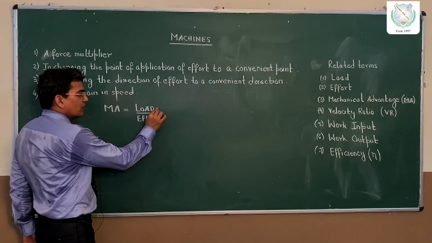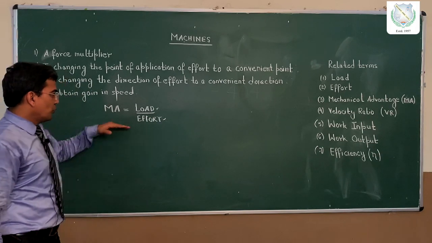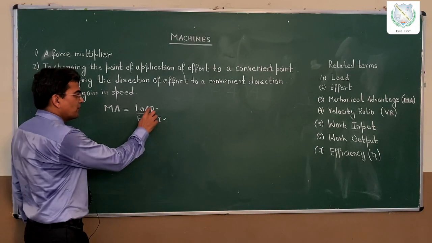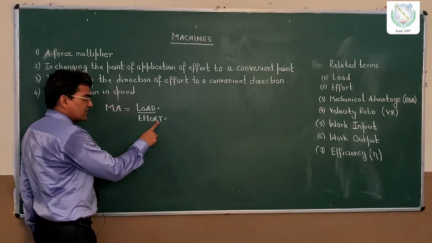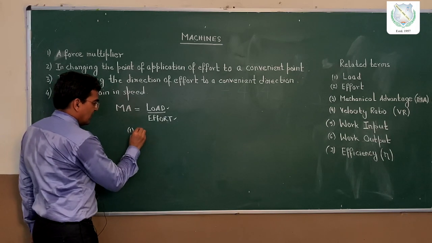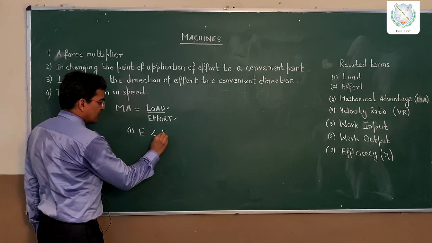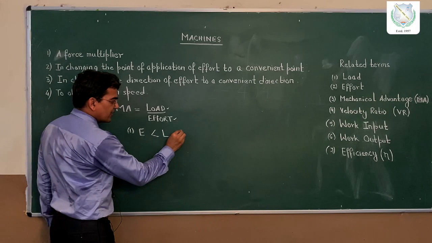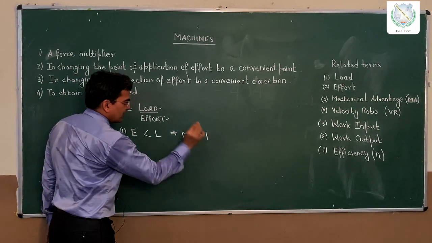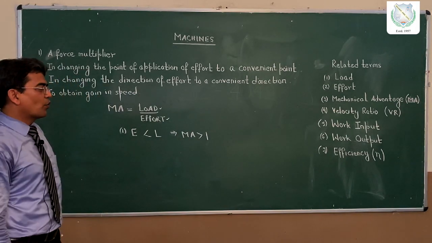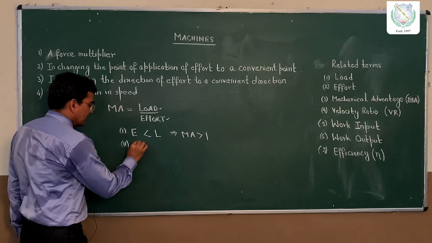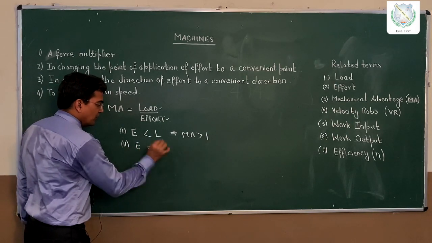Now depending upon the magnitude of these two, we can get 3 types of mechanical advantage. See the first one. Suppose effort is less and load is more, effort is less than the load. Then in that case, the mechanical advantage of the machine will be greater than 1. The case may be that effort is equal to load.